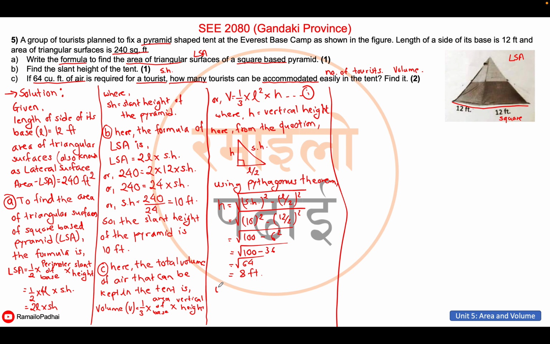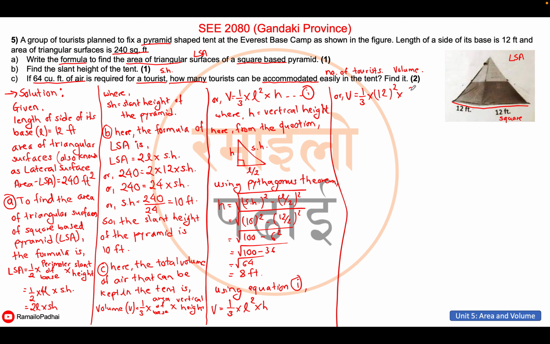Now using equation first, volume V is equal to 1 upon 3 L square times h, or V is equal to 1 upon 3 times 12 square times h.